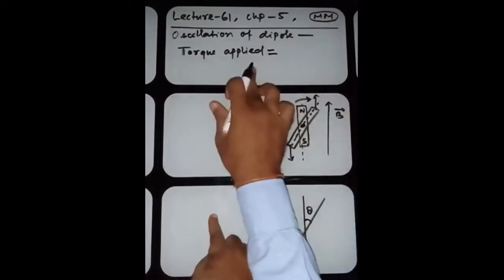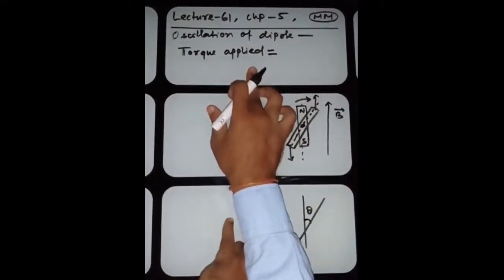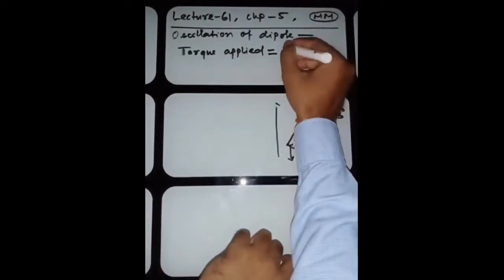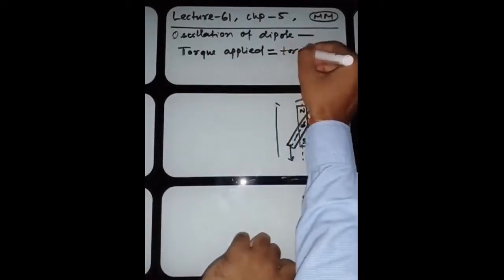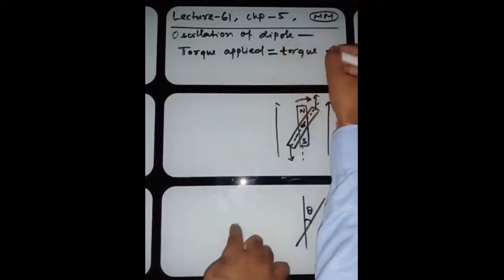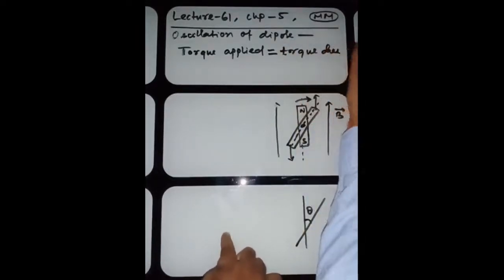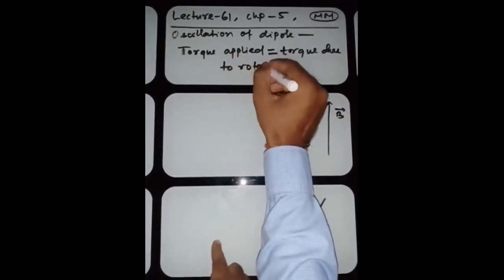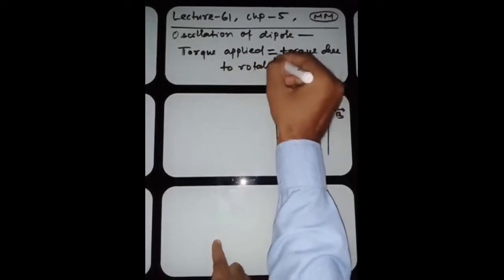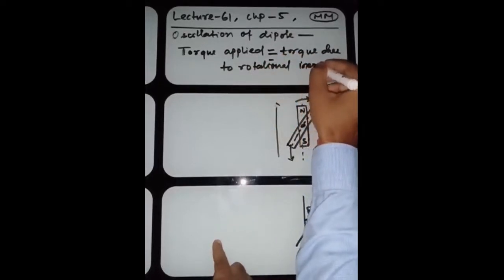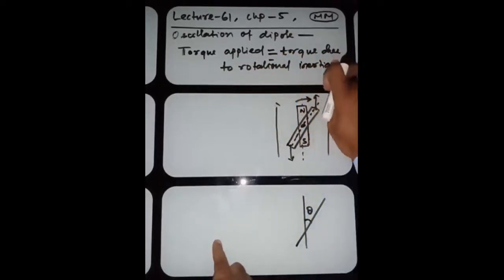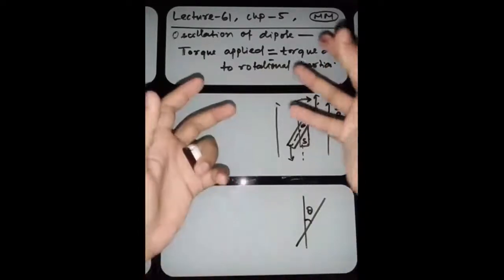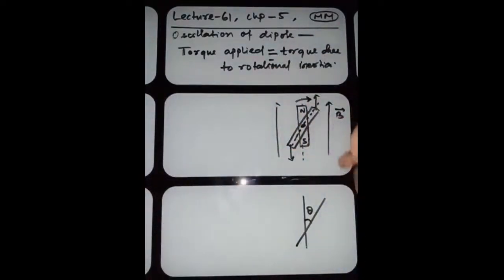So the applied torque will be equal to the torque due to rotational inertia. And remember, this rotational inertia is experiencing the torque due to the magnetic field.